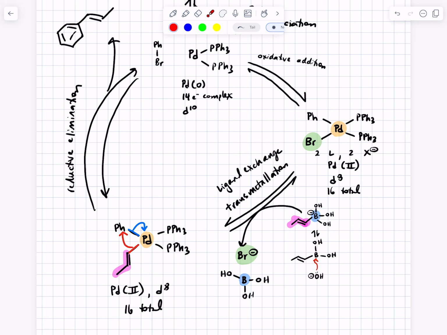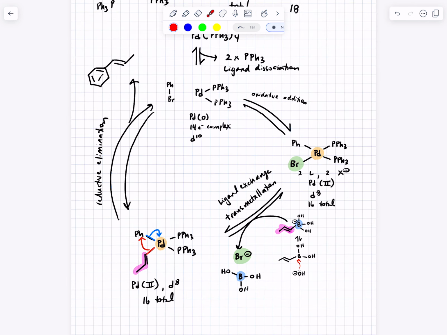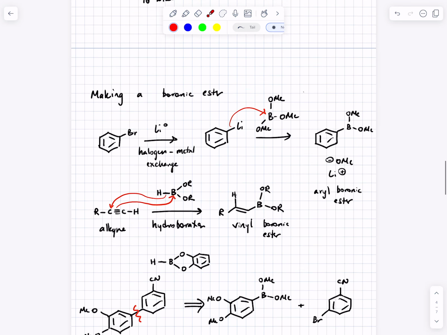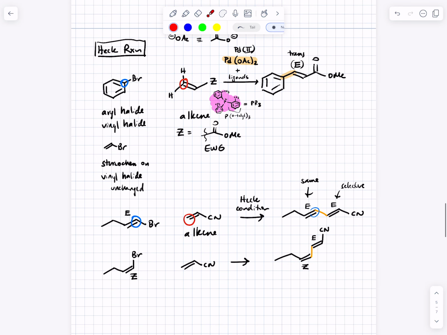The rate determining step for the Suzuki reaction is known, I just don't know what it is. So you've reached the limits of my expertise, and obviously I'm not going to ask you questions that go beyond that. All right, well, let's look at the Heck reaction in greater detail.